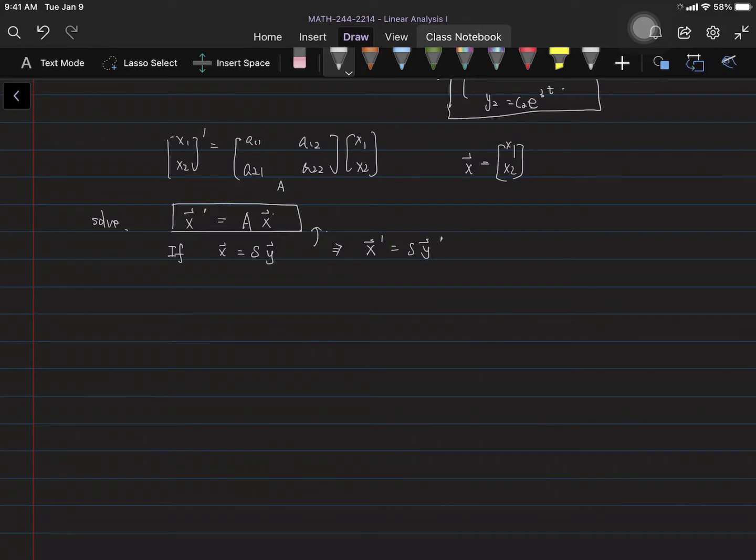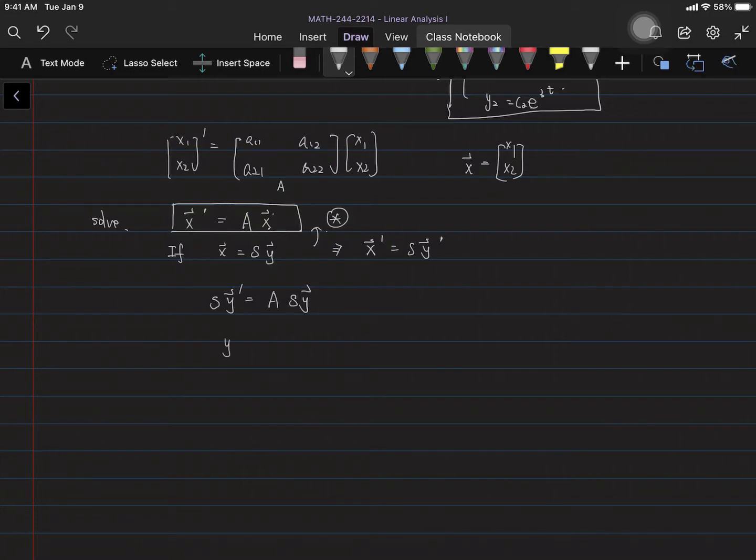When we plug into the left side, that means S y prime equals Ax, and x is what? Change x also into Sy. So now we change our original differential equation into this kind of differential equation. This one only has y, no x anymore.